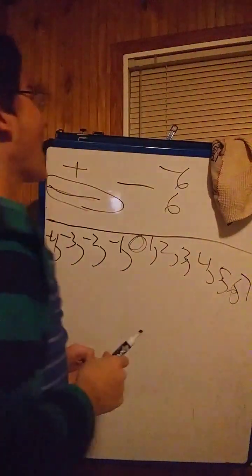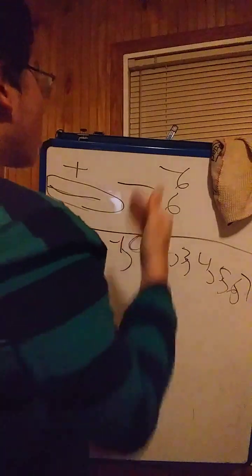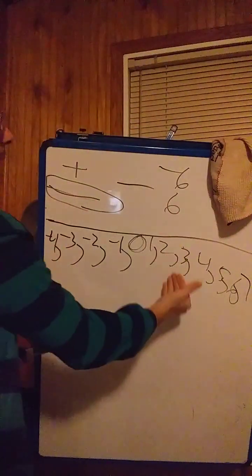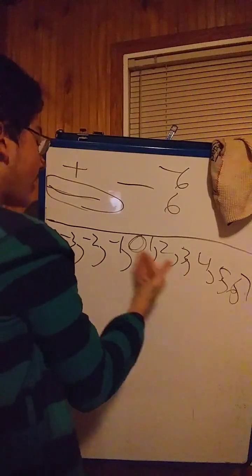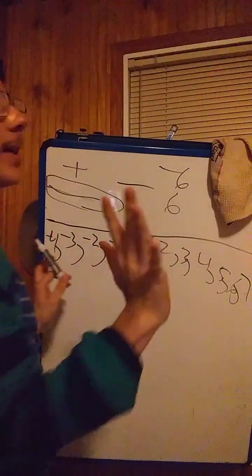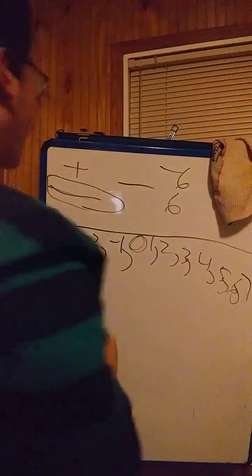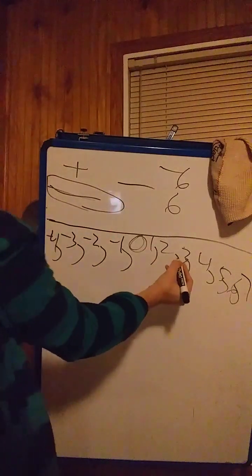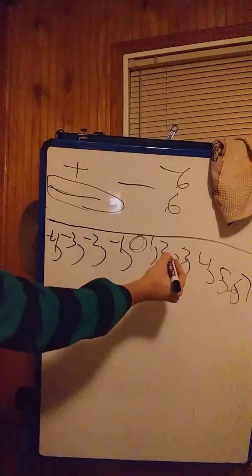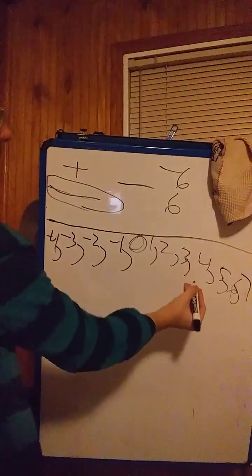So, obviously +3 is bigger than -3. Oh, they're equal in their number? No, because you have -3 and you have +3. The +3 would be positive, good.